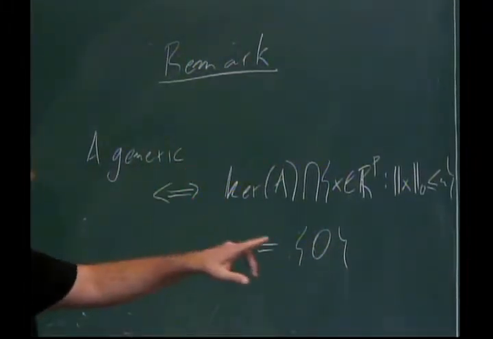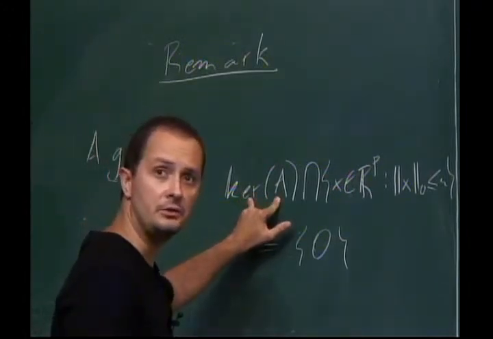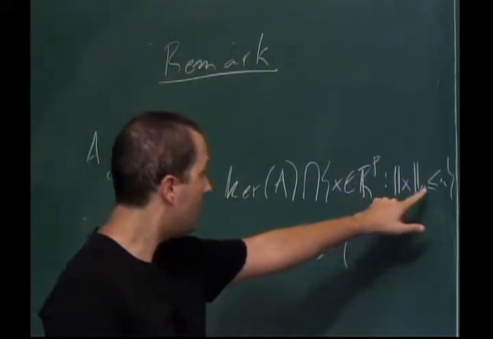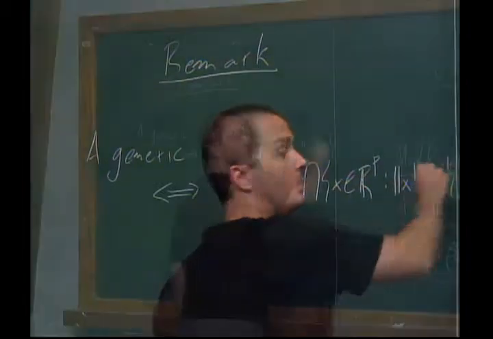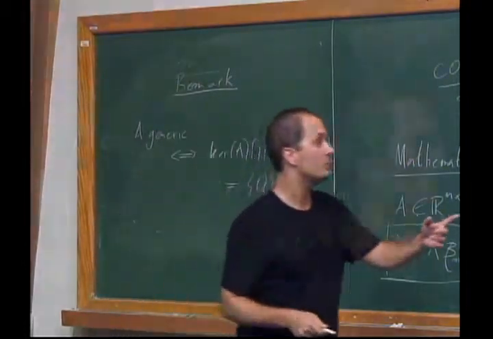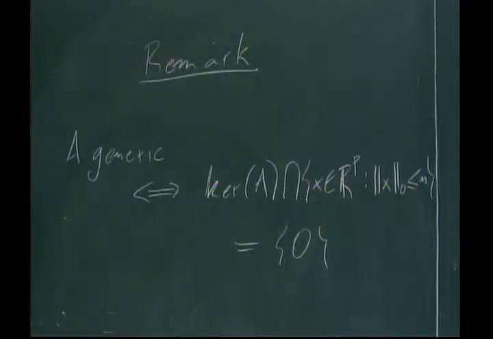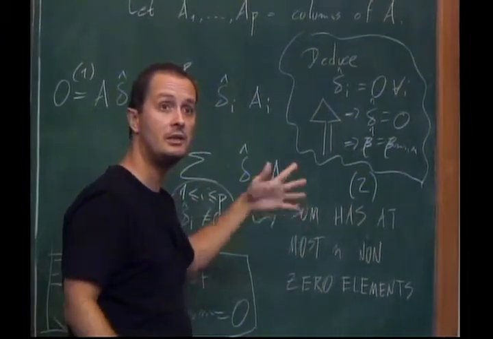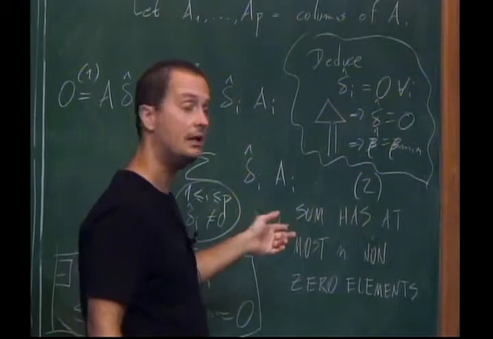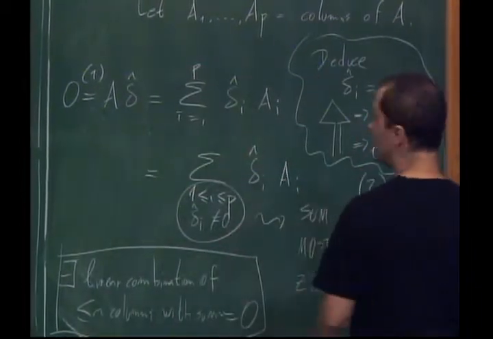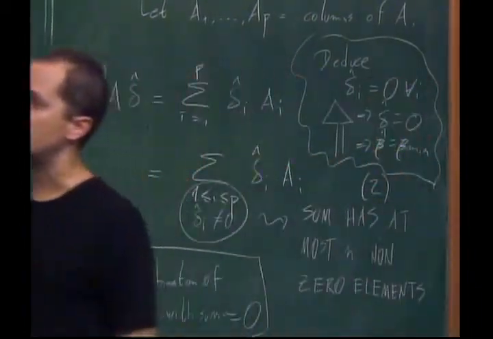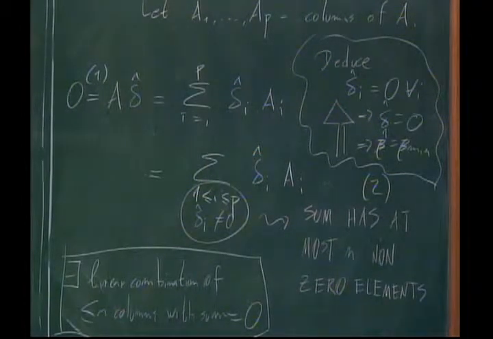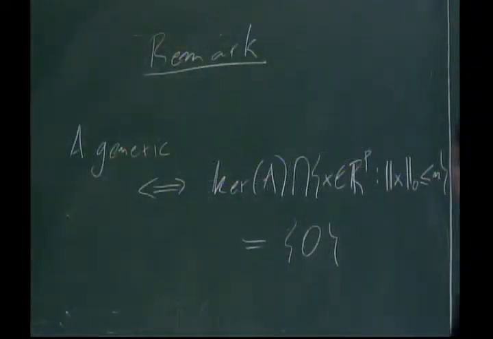This is the last part of the argument. Take a vector that's in the kernel and has at most n non-zero coordinates. The same argument we showed here: A times the vector is a linear combination of at most n columns, and because the n columns are linearly independent, that means that this vector here is 0. So this is how being generic is useful for us.